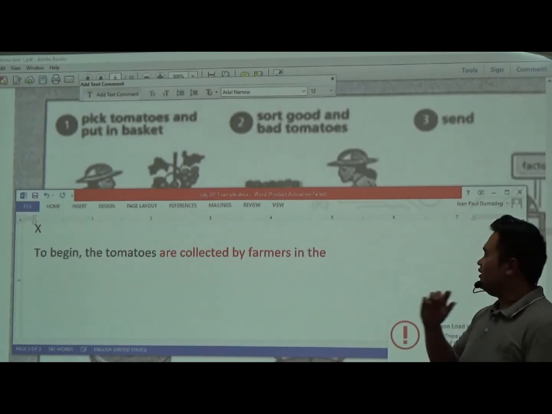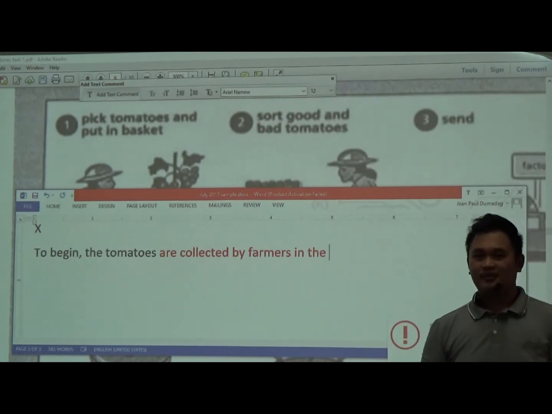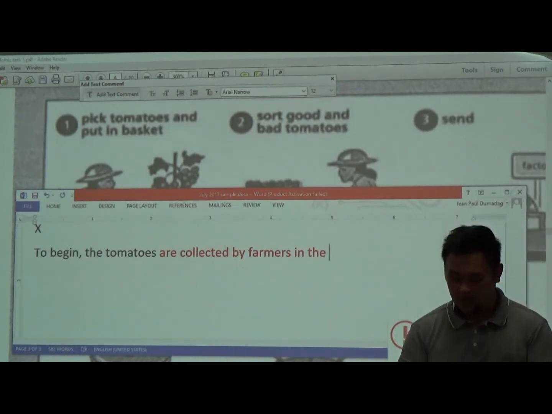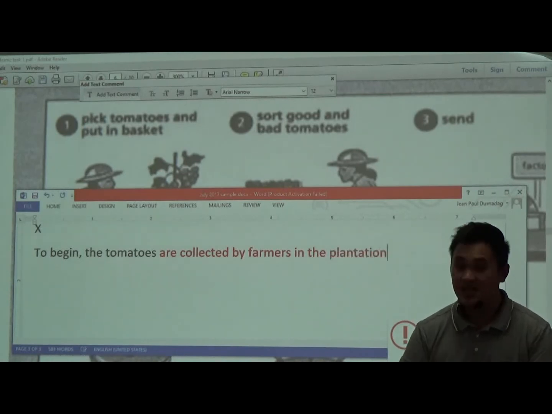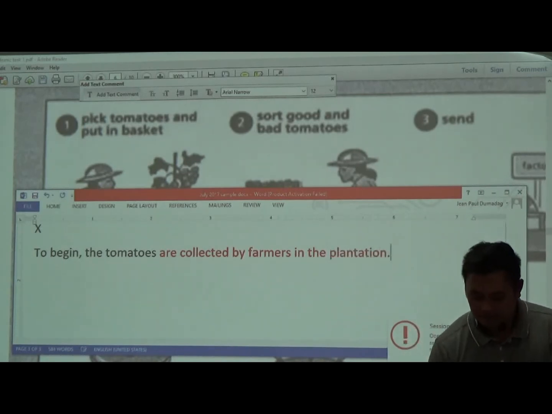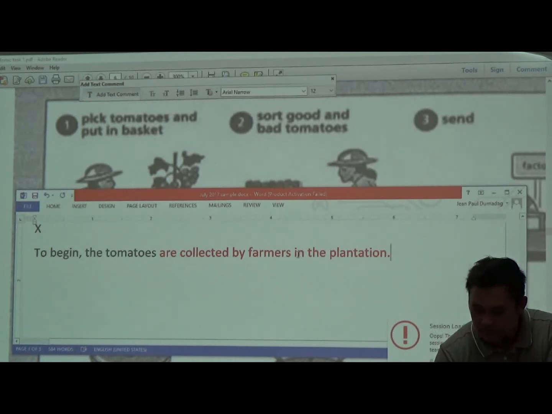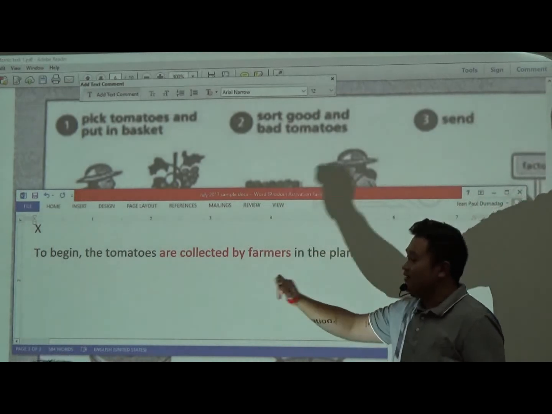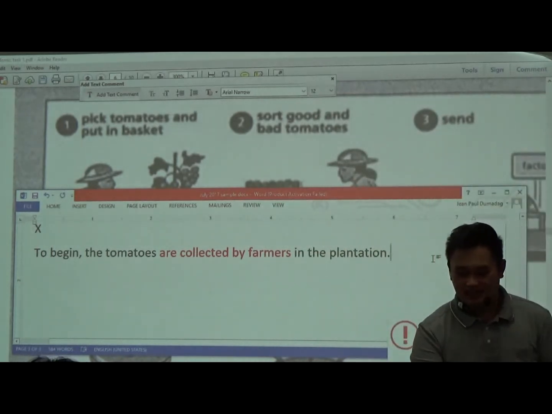What is another word for farm? Land, or we can say plantation. Okay, so that's your first line. Are collected by farmers. Next.